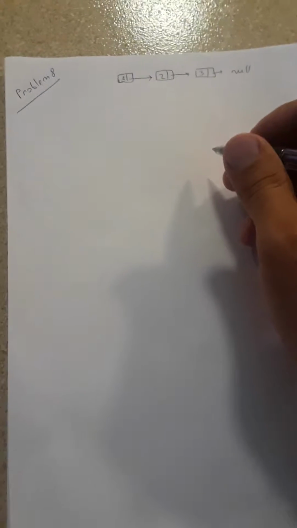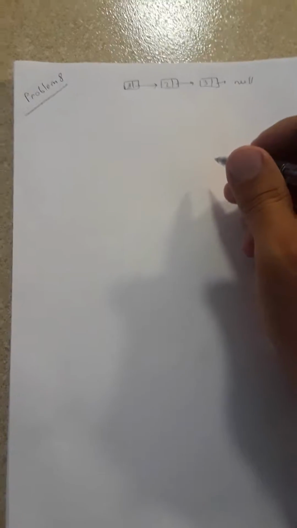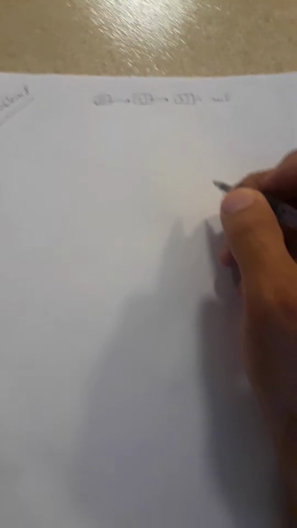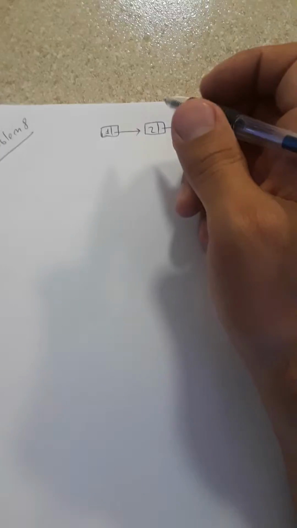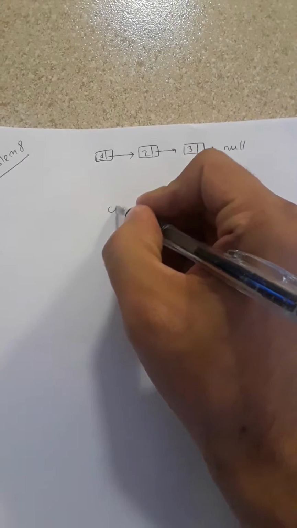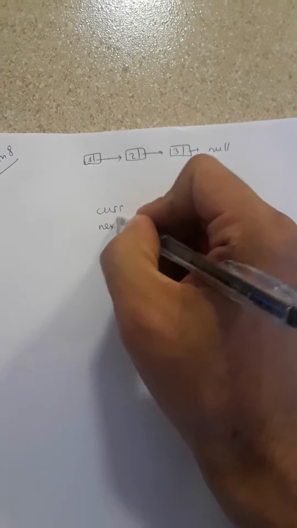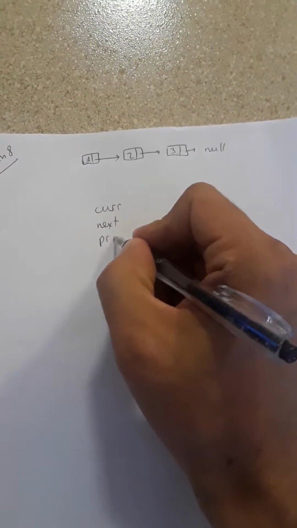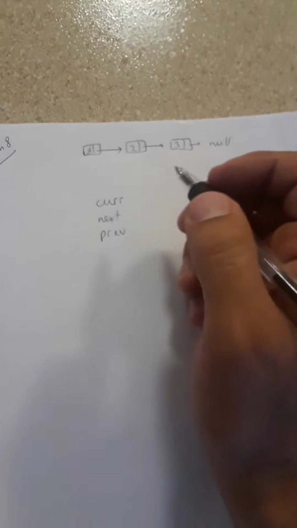Hello, so here's problem number 8, and in this problem we have to reverse a given linked list. In order to reverse a linked list, we will need to define three variables. One is current, one is next, and one is previous.